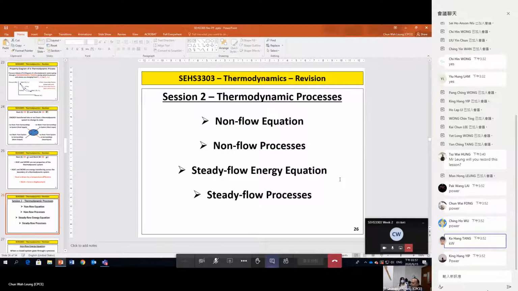But if we allow the working fluid to flow in and then flow out, then the working fluid can be allowed to cross the boundary to out or in. Then we call this a flow system. Sometimes we also call it an open system.